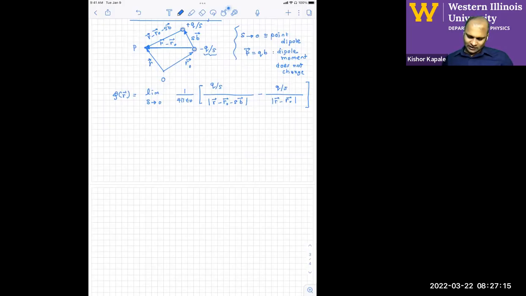Okay, and then let's take a look at this. So recall that the limit as h goes to 0 of f of x plus h minus f of x, over h, is what? Anybody remembers what that is?